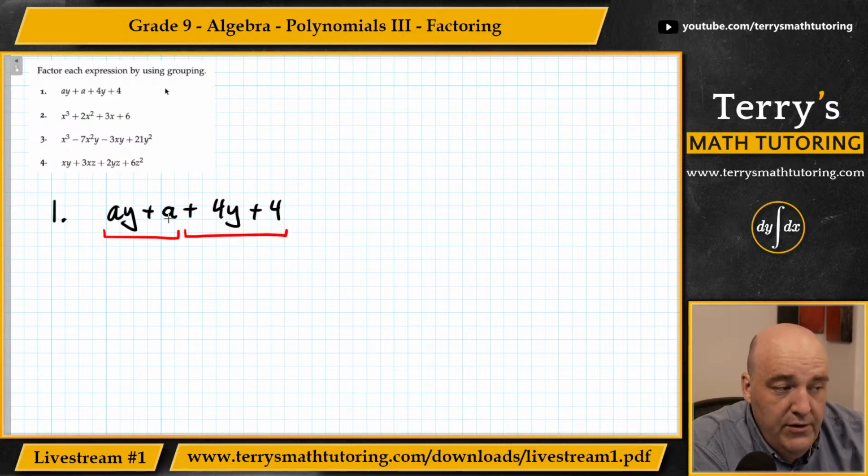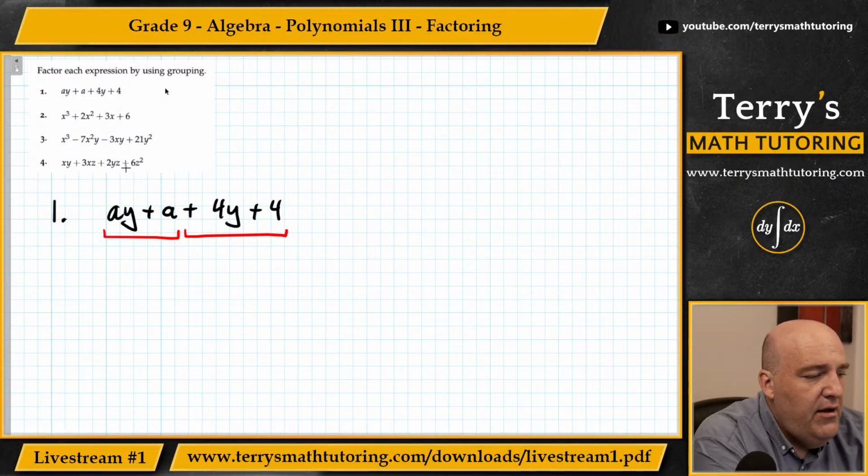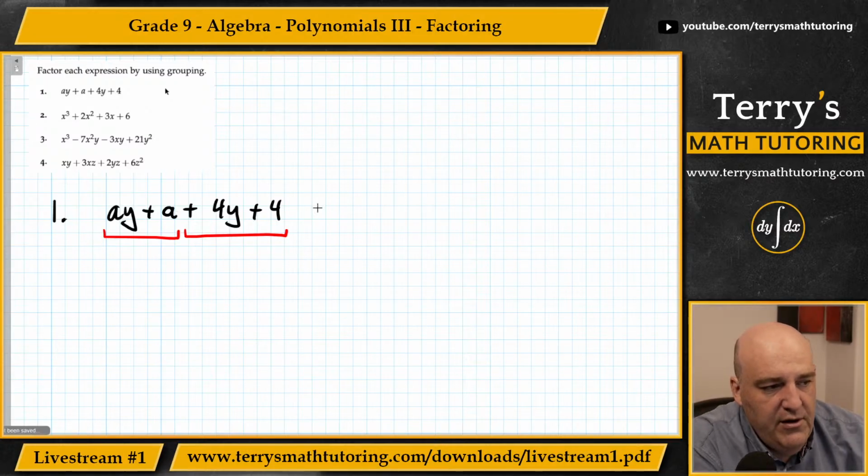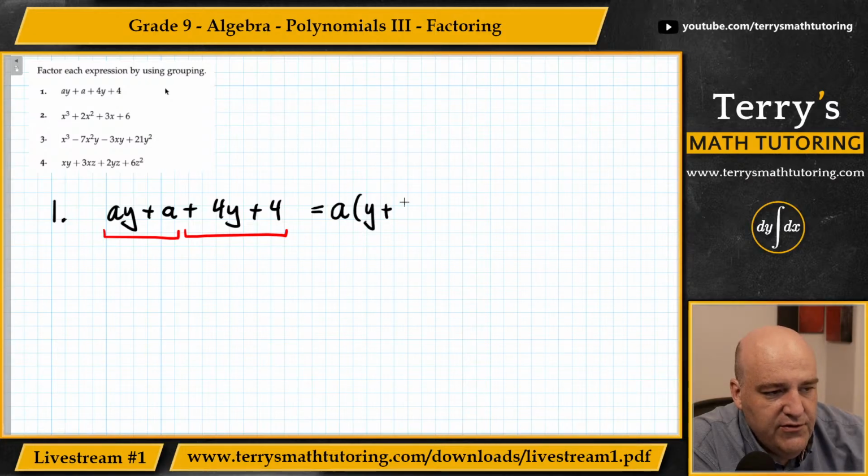And then we really just do common factoring on each of these separately. Just focus on these first 2 terms. What's common there? It's a, right? So let's pull out an a. And then we get y plus, what goes there? We took out the a, so we need a 1 there, not a 0, and don't leave it empty. A times y plus a times 1 is a.